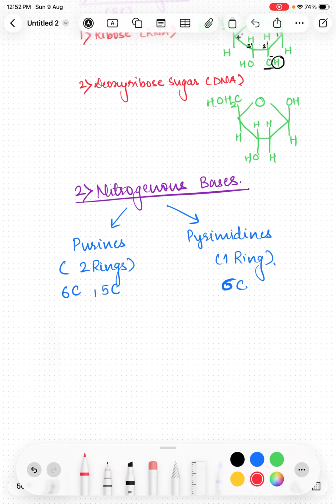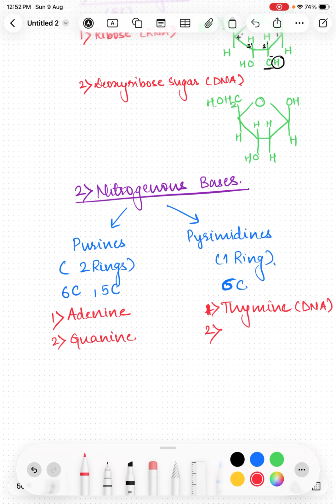Now purines are adenine, guanine, and pyrimidines are thymine, which is present in DNA, and instead of thymine, uracil is present in RNA.